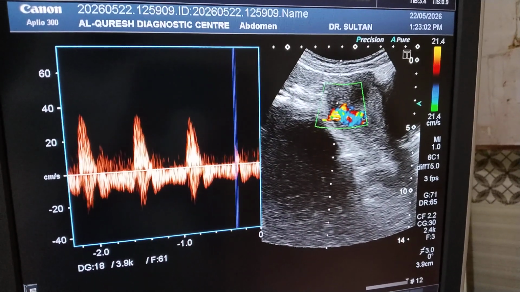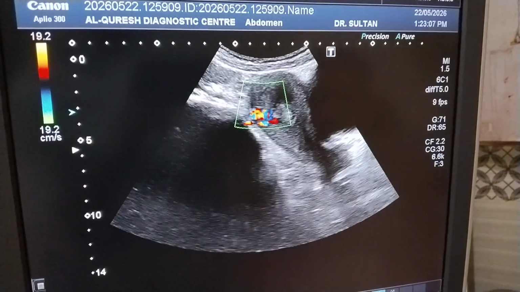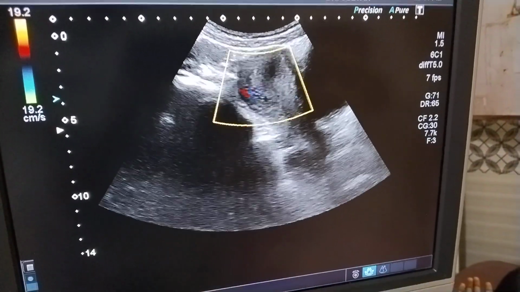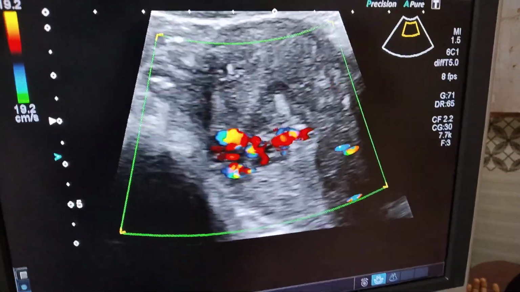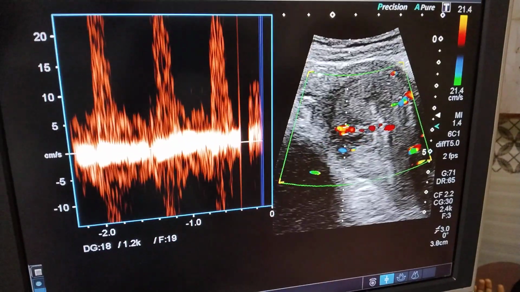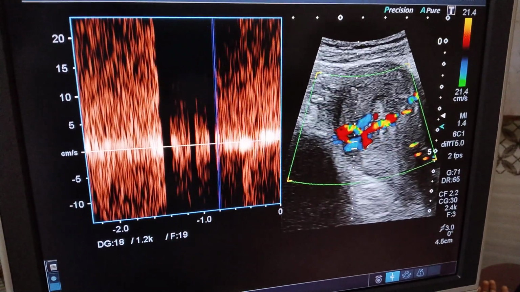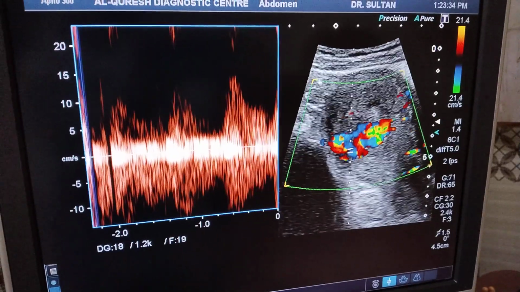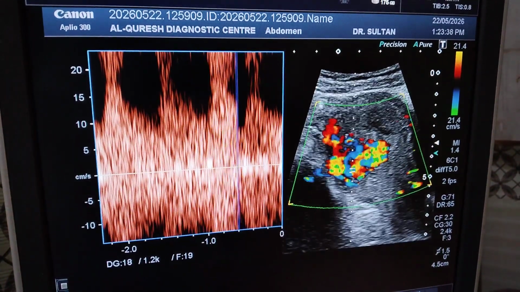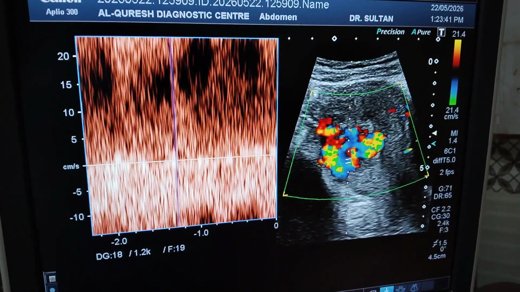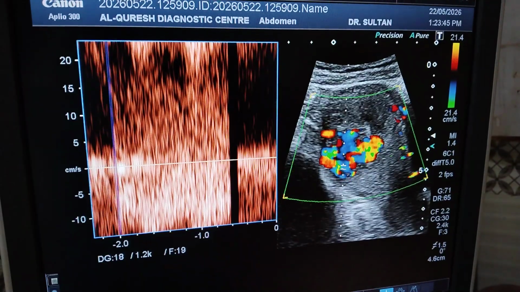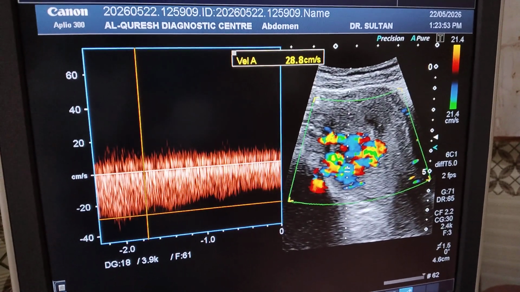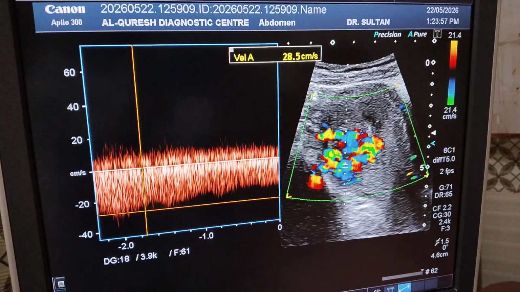So we can appreciate that the velocity of these channels is more than 40 centimeter per second, and so we can appreciate that these vessels have different velocities. And also I am now going to see the velocity of this venous channel, and this velocity is 28.5 centimeter per second.